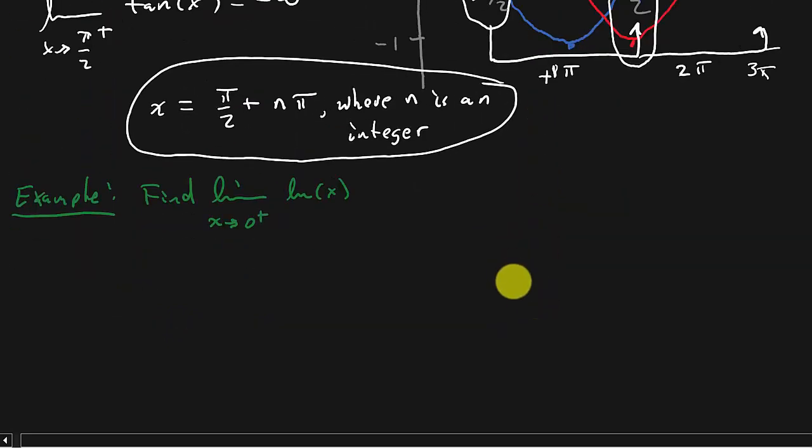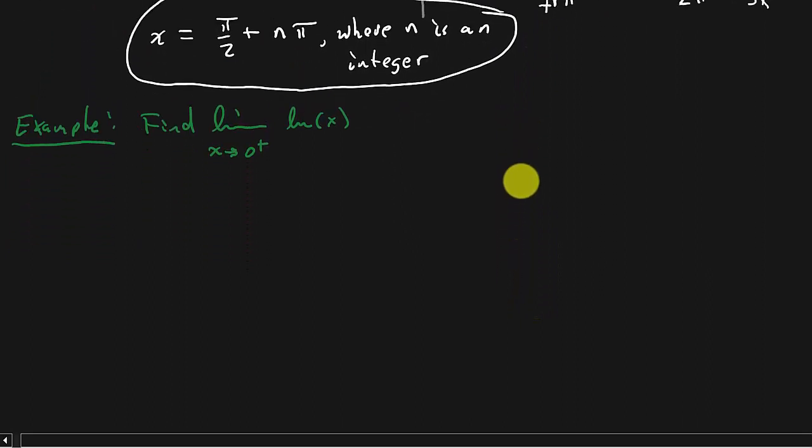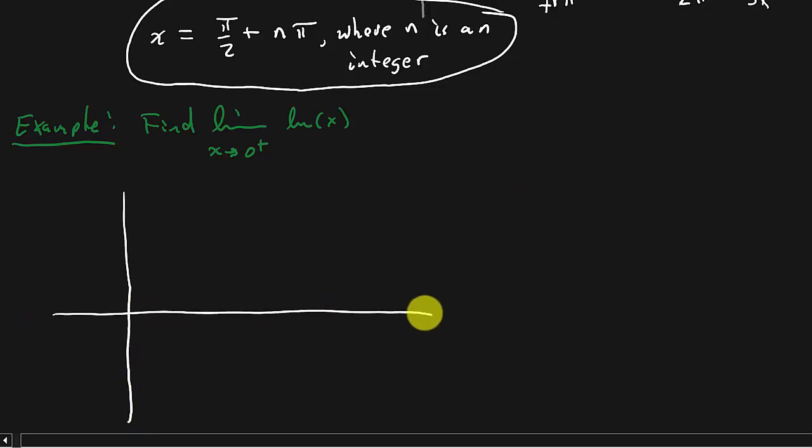Okay, so this is the last one. Find the limit of natural log x as x approaches 0 from the right. All right, so, you know, this is an example of where you can just do a quick graph. And you don't even really need to label anything. You just need to know the general shape of a log function. What's the shape of that graph look like?